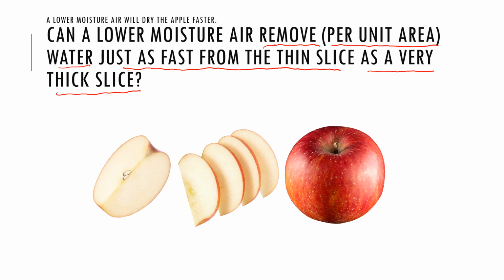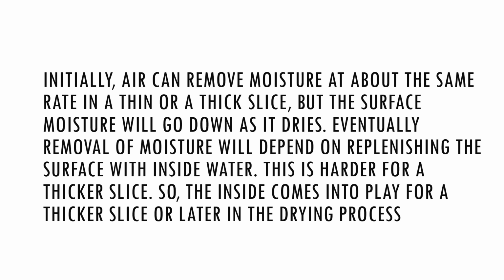So it's water removal, drying per unit area, and the question is, is the thickness going to play a role? With that, you can pause the video and think about it, and then come back to the answer.